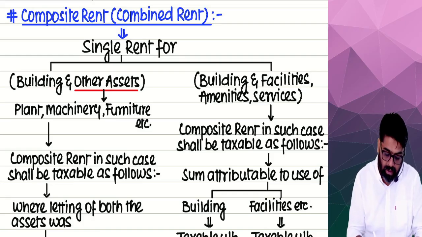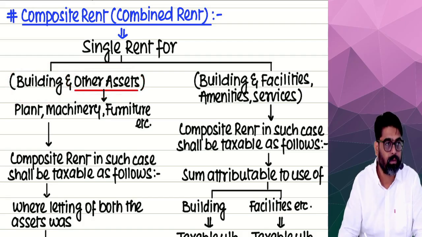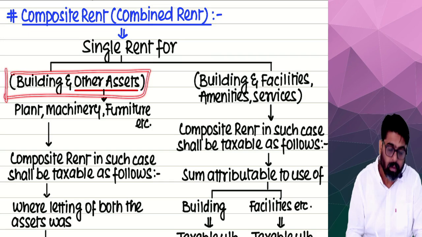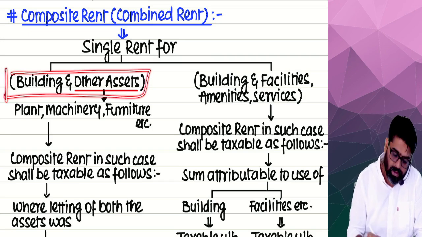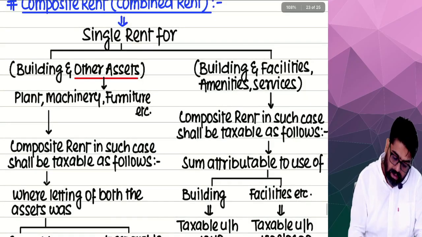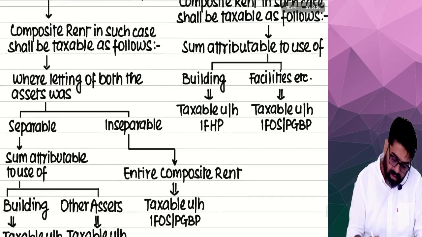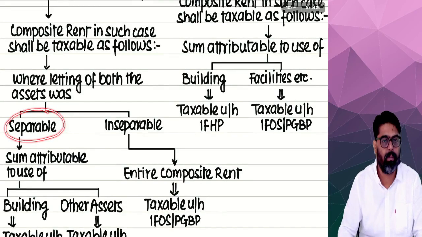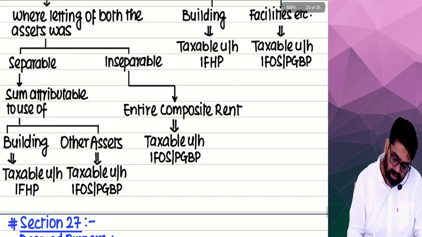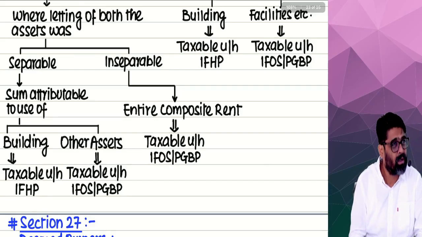So sometimes it can happen that you are giving on rent a building along with other assets. By letting out these two assets together, you are getting one rent. Now this rent will be taxable in the following manner. You have to see: you are letting out these two assets together, and if the lettings were separable, then please separate the rent also.